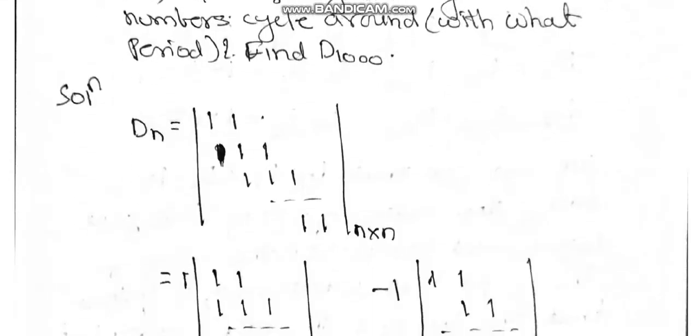So when I am generalizing it, I have to write it for n cross n. You can see the tridiagonal: this is one diagonal, the second diagonal, and the third diagonal, right? So likewise you have to write. When I am writing the cofactors for the first row, I will go by cofactor. Taking the first element, this will be plus 1 and the next will be minus 1.